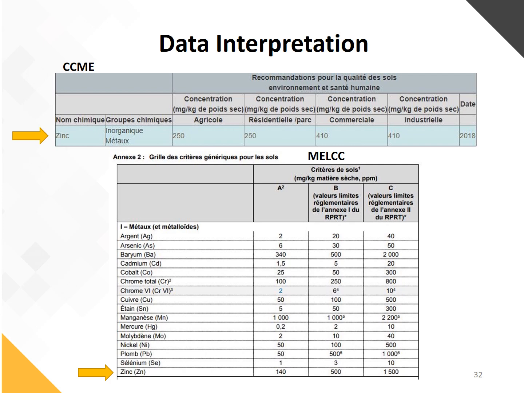So with the CCME, the maximum was 250 for residential use, while with the Ministère de l'Environnement, you have 500 milligrams per kilogram for a residential use. And then for the C criteria, you have 1,500 milligrams per kilogram. So there is a huge difference in the interpretation you're going to have to do depending on whether you're located on reserve land or provincial land.